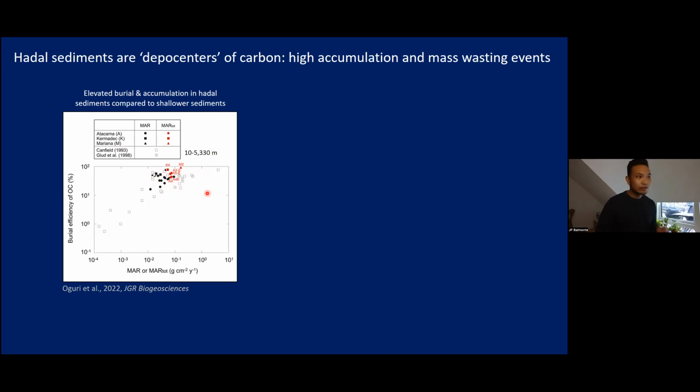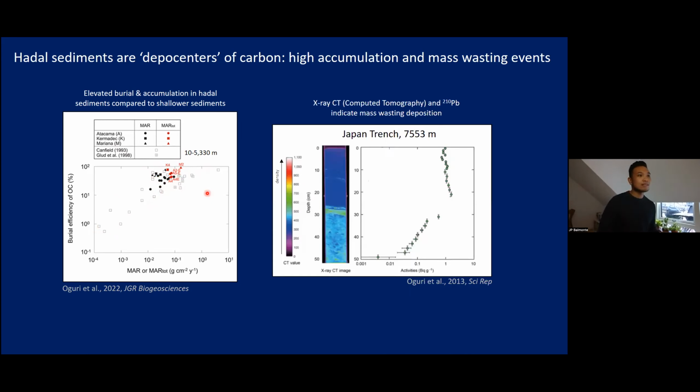One of the underlying mechanisms that delivers carbon to these Hadal sediments is actually mass wasting events. Mass wasting events essentially are anything from landslides or earthquakes that displace items and then deliver these items to another place. That's essentially what a mass wasting event is.